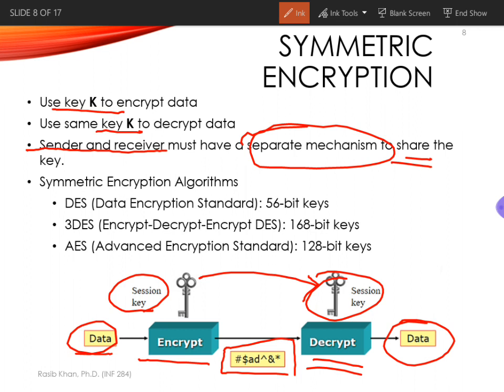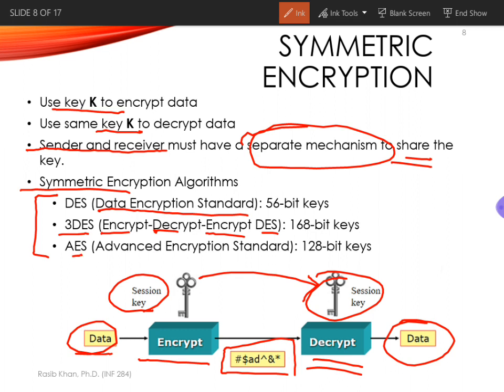There are certain algorithms, the most common ones for symmetric encryption. We call it DES, short for Data Encryption Standard. There's also 3DES, which is a little more advanced version, and what it does is it first encrypts, then decrypts, and then again encrypts with DES. So encrypt, decrypt, encrypt, DES. That's why 3DES.